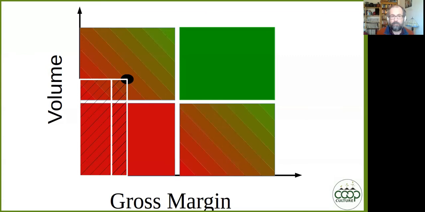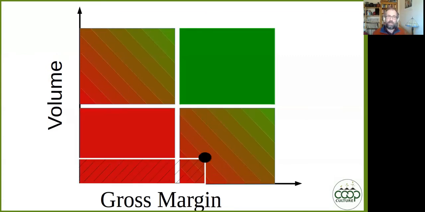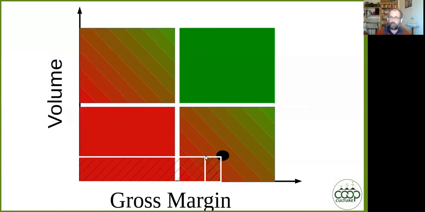And conversely, if I am a low volume, high margin business, so I'm somewhere down here, and I increase my margin by a small amount, the area of that rectangle only increases by a small amount. But if I increase my volume by a small amount, the area of that rectangle increases by a larger amount.